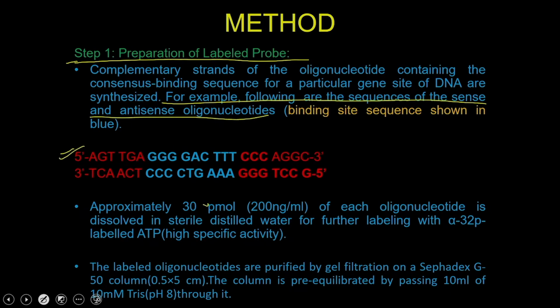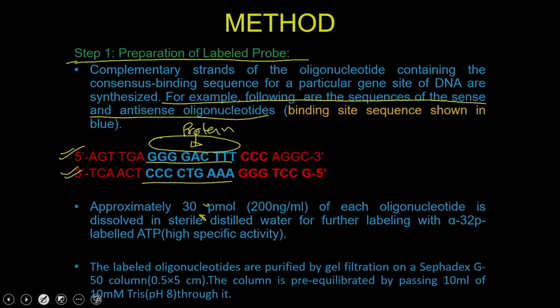This is the sense strand, this is the antisense strand which you can use, and this is the sequence which facilitates the binding of the protein. That is the region which you have to keep in the center of this particular sequence, so that adequate nucleotides are available on both sides, so that the protein can sit on top of this sequence and bind very nicely.